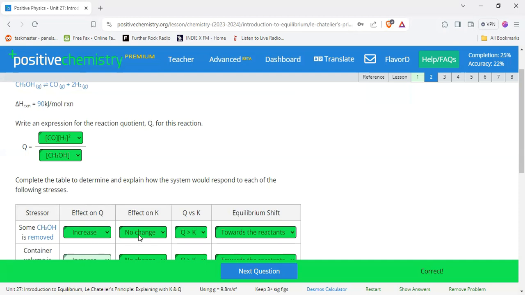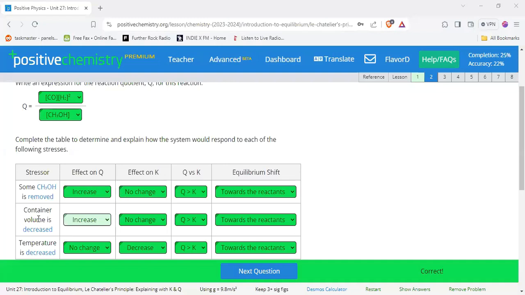But we didn't change the temperature, so K didn't change. This got bigger, that didn't change. Q is bigger than K. We have a number that is too big to be at equilibrium. To go back to equilibrium, which is what it's going to do, we need less numerator and more denominator. It's going to shift, so we get more of this and less of that. It's going to shift toward the reactants.